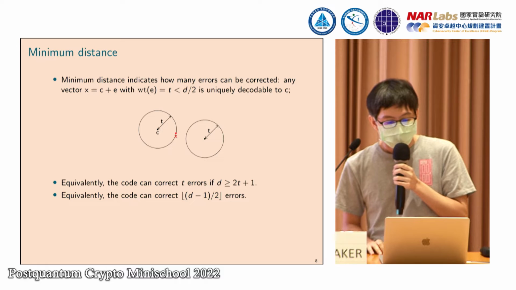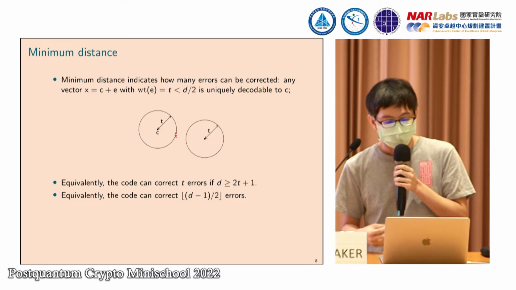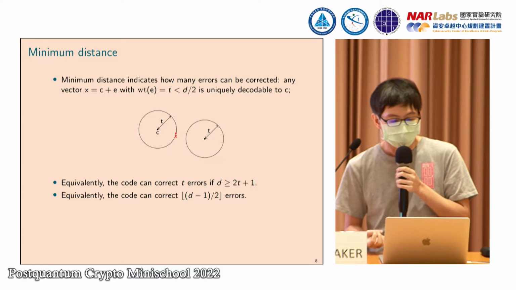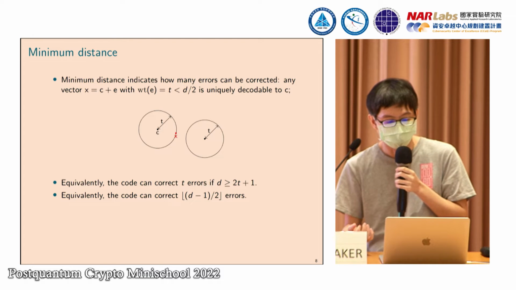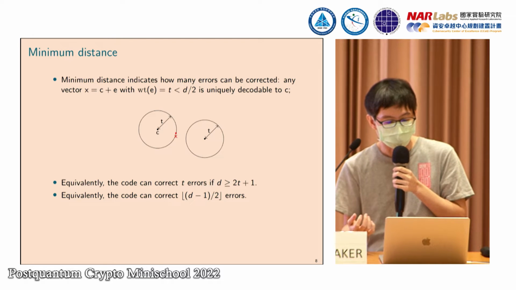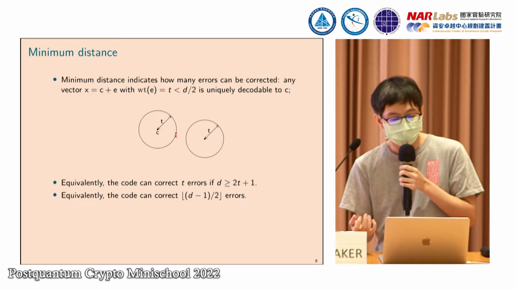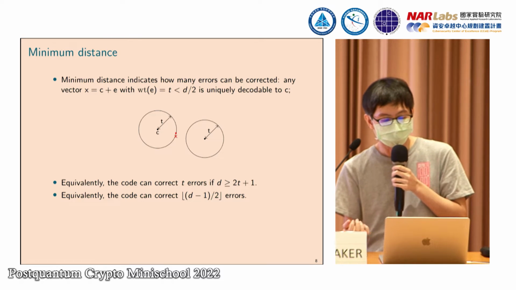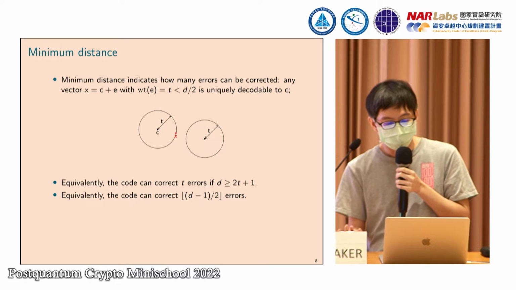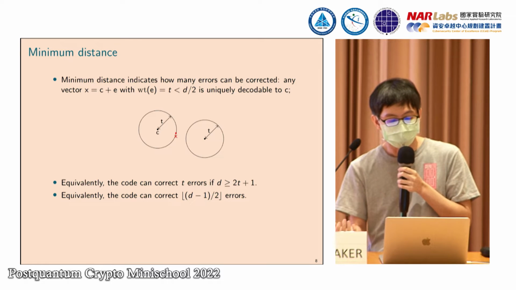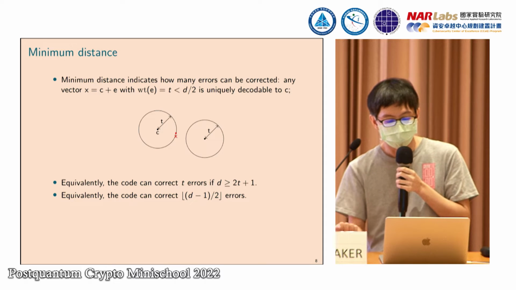If you like, you can also turn this into an equivalent statement: the code can always correct t errors as long as d is greater than or equal to 2t plus 1. You can also say that the code can correct the floor of d minus 1 over 2 errors.